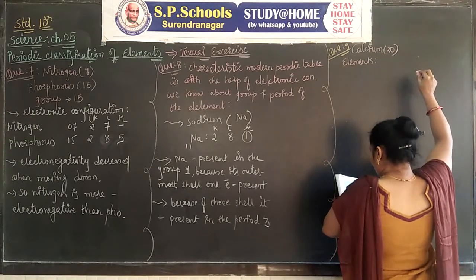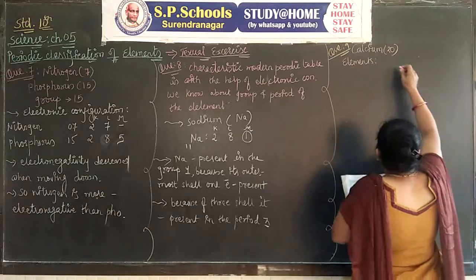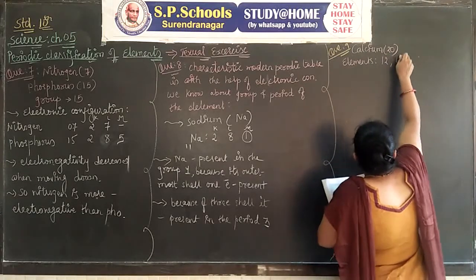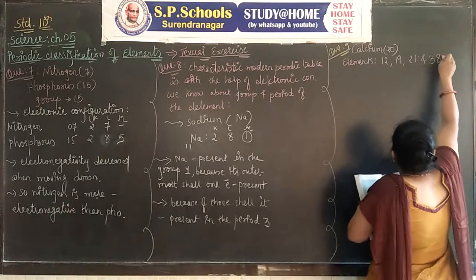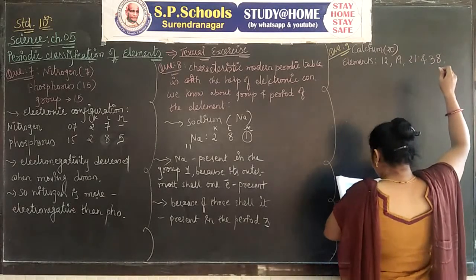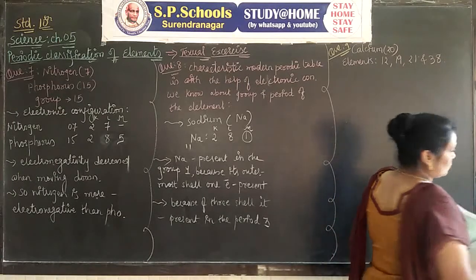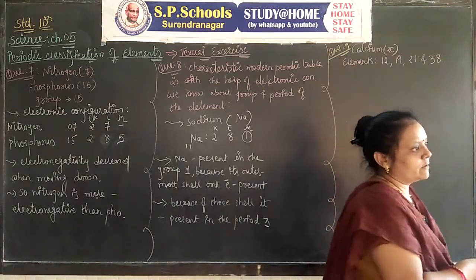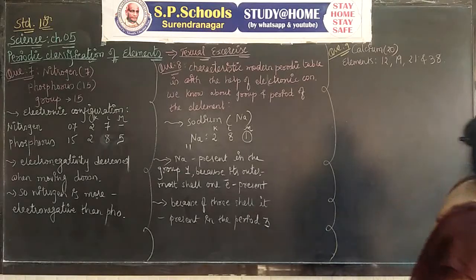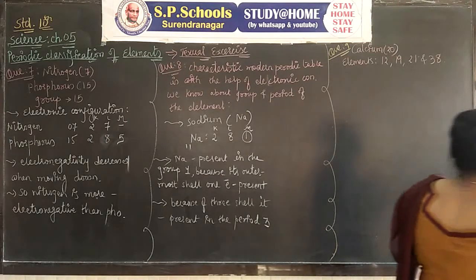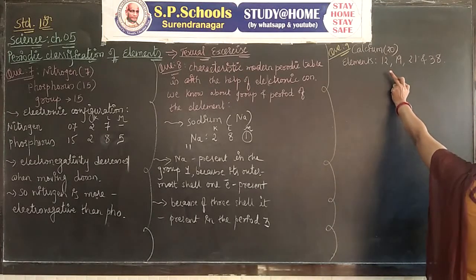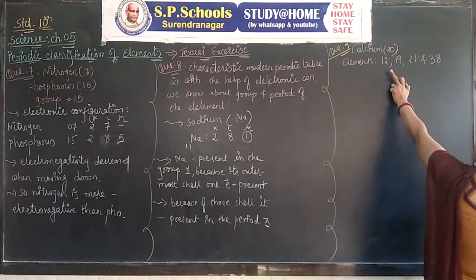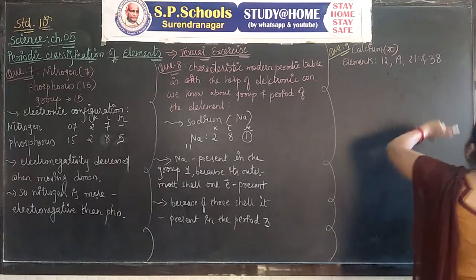So, we write here the information that calcium atomic number 20 is surrounded by elements with atomic numbers 12, 19, 21 and 38. When we find the same physical and chemical properties resembling calcium, first we write the electronic configuration of the 4 elements which have atomic number 12, 19, 21 and 38.